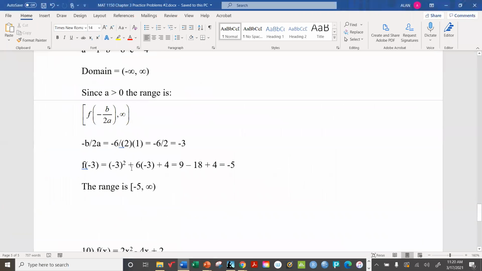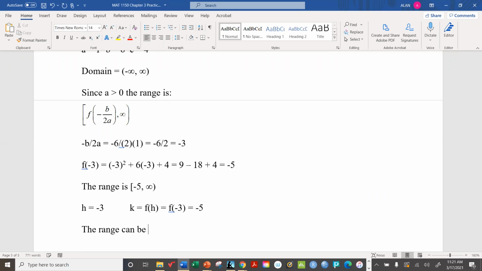And if you notice, h is the -3, k is f of h, which is -5. So the range could be thought of as k, comma, infinity.